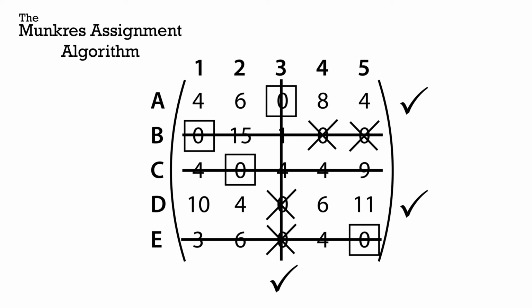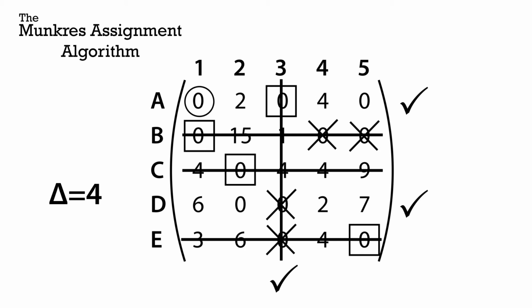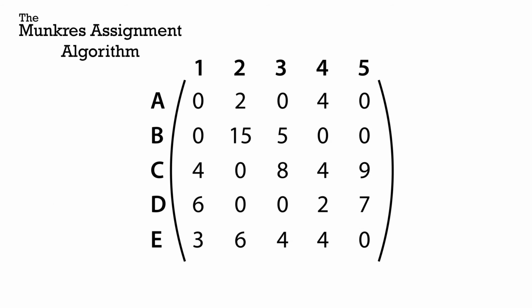Now we find the smallest element left not crossed out, in this case the 4 in Anna's row, column 1, although we could have picked any of the other 4s with exactly the same result. And we call that delta. We then subtract everything not crossed out by delta, and add delta to everything crossed out twice. So we have this matrix.